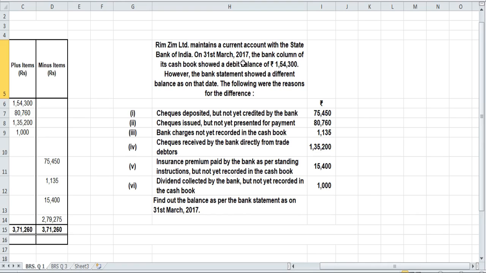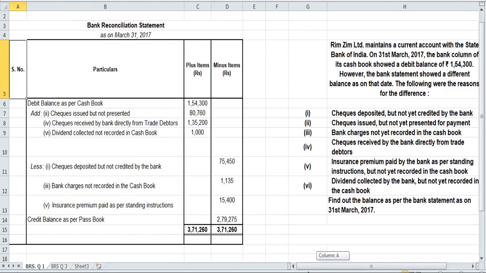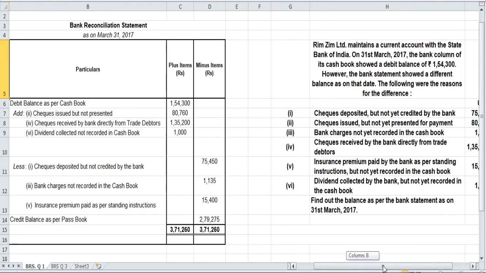So here the bank balance in the cash book showed a debit balance, and we had learned the other day that if there is a debit balance in the cash book, it is favorable. So we will write here debit balance as per cash book, on the plus side, because we have money, 1,54,300.